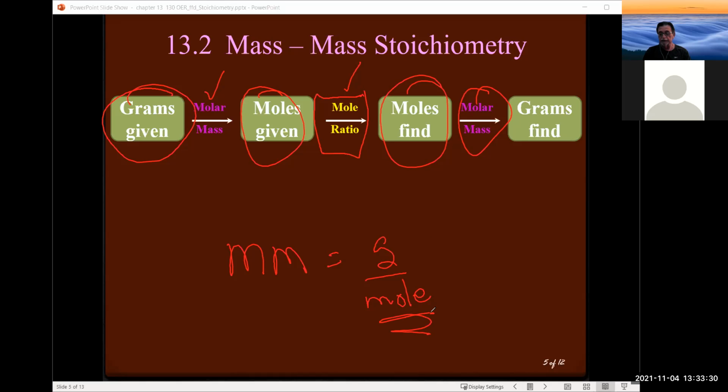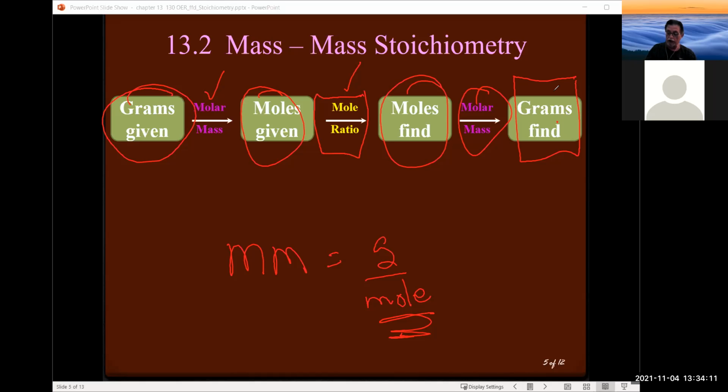Because again, molar mass is in units of grams per mole. And that puts us now into grams. I was thinking of giving an example here, but we'll have a specific example in a bit. That will give you the number of grams of whatever chemical you are trying to calculate. All right, so grams given, using the molar mass, gives you the moles given. Using the mole ratio gives you the number of moles of what you're looking for, which, using the molar mass of the compound you're looking for, then gives you the number of grams.